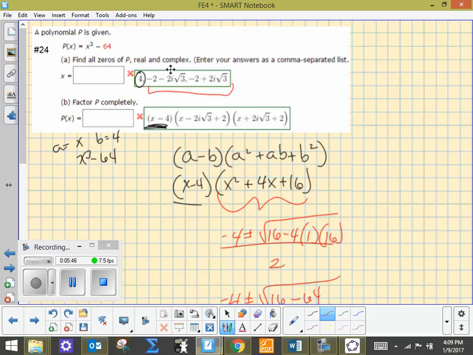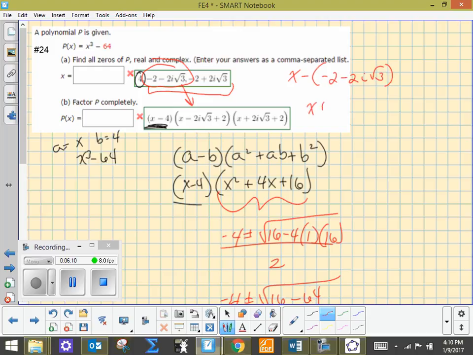Now down here, all they did is they take x minus that factor, and it gives you that one. Okay, x minus, let me see here. I'm going to write this way. x minus negative 2 minus 2i radical 3.